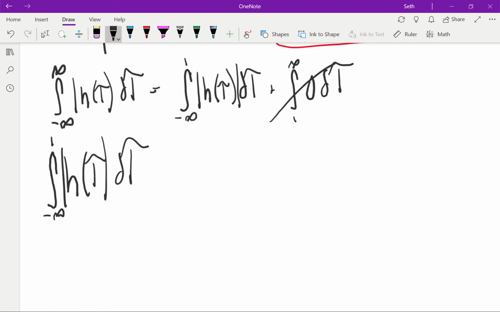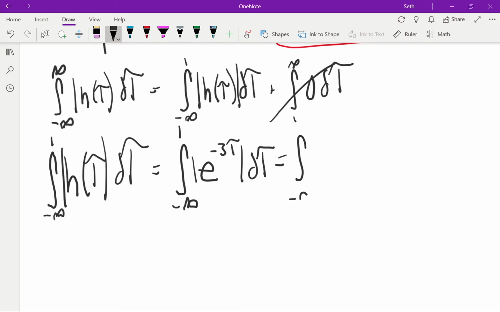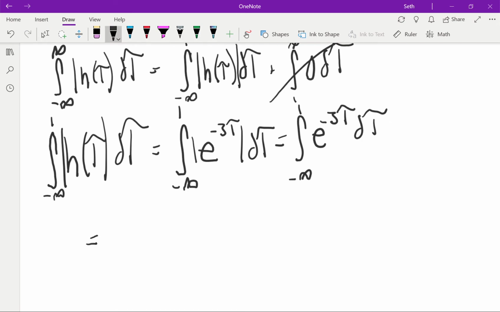from negative infinity to 1, the magnitude of our unit step is just 1, so we don't even have to worry about that. We just need our decaying exponential. Clearly that's always positive, so we can get rid of the absolute value. That's equal to minus 1/3 times e to the minus 3 tau from minus infinity to 1.